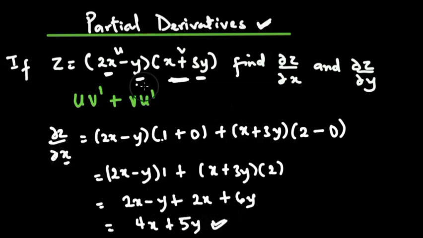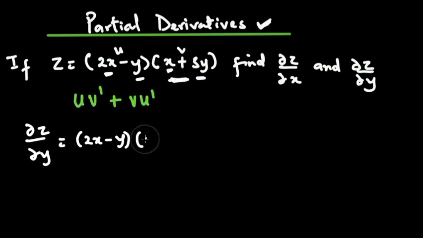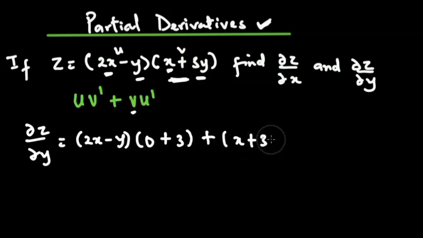Now, let's solve for y. So, differentiating partially with respect to y, we follow the same rules. Drop u, 2x minus y. Now, differentiate v partially with respect to y. So, when you do that, you keep x constant. So, when we differentiate x, which is a constant, we have 0. And when we differentiate 3y, we have 3. Plus, drop v. We're going to have x plus 3y. Differentiate u partially with respect to y.